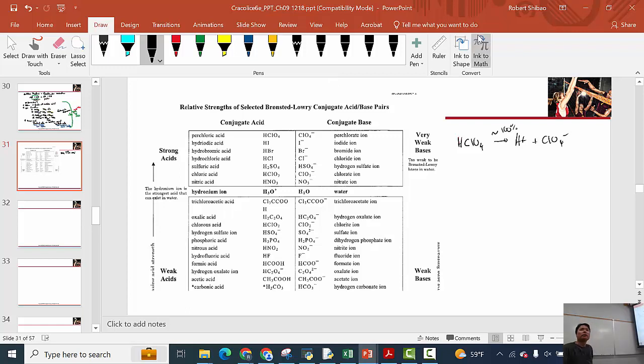But I talked about H+. Do you remember last week? What did I say about H+? It's a proton. What did I say about the proton's reactivity? Is it stable or unstable? I said it was very unstable. Why is it so unstable?